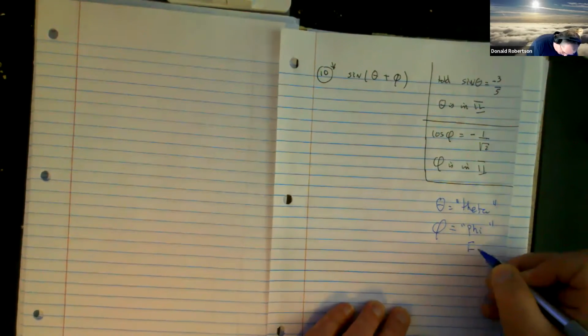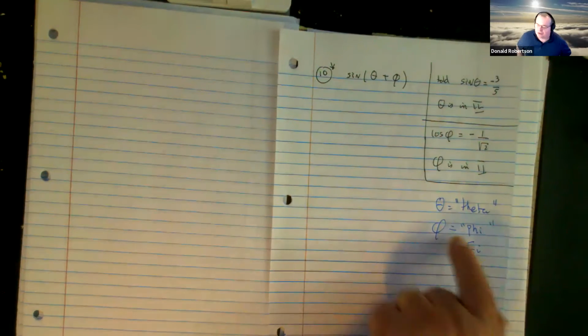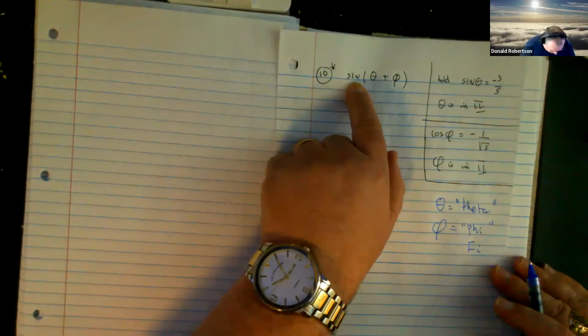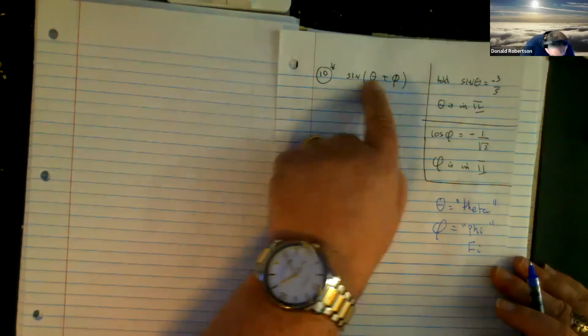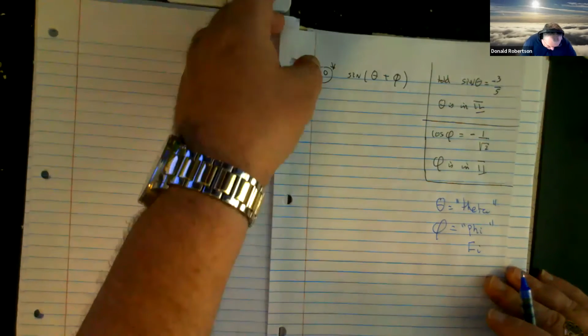You pronounce it like you were saying phi. Right, that's phi, in case you're wondering. So the sine of theta plus phi, the exact value, and being told that the sine of theta is -3/5 and theta is in the 4th quadrant, and the cosine of phi is -1/√2 and phi is in the 2nd quadrant. And that's all you're being told.